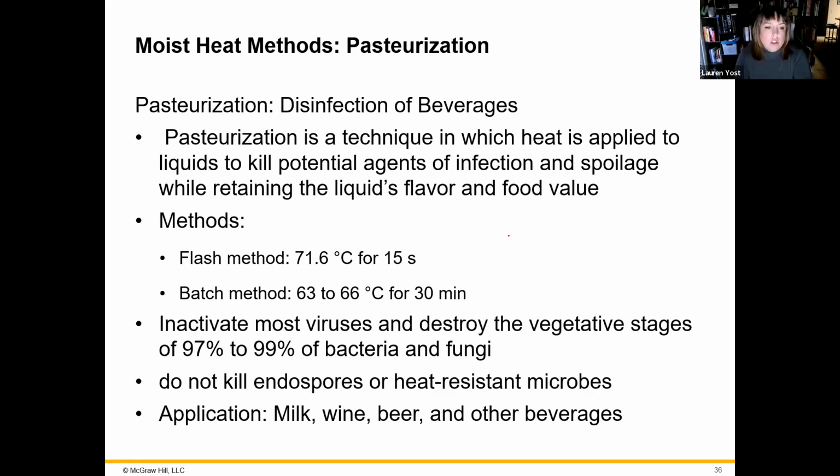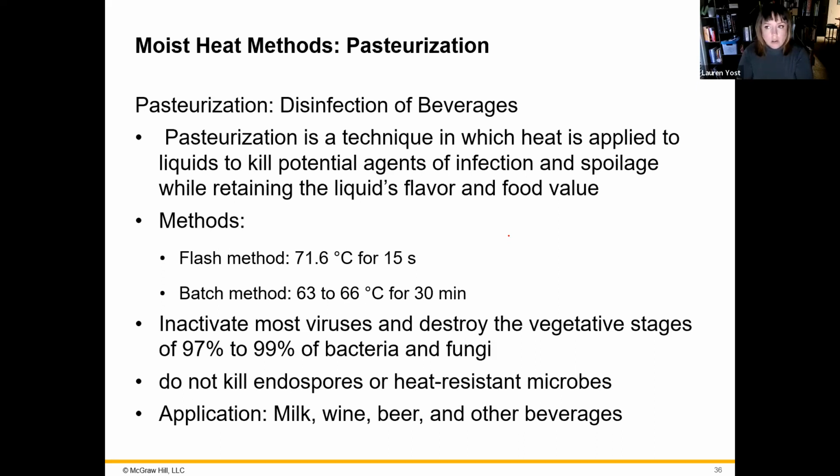Pasteurization, here we're just going to be either flash or batch method, moving from hot temperature to cool temperature. You go to hot for a certain amount of time, and then you cool down for a certain amount of time, and you do that over and over again, and that will help you remove pathogens while retaining that liquid's properties and flavor, like what we have from milk, but you will not sterilize.